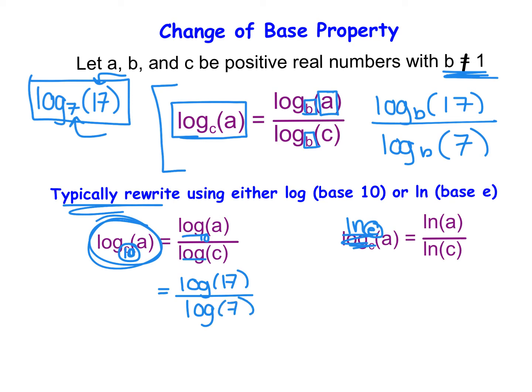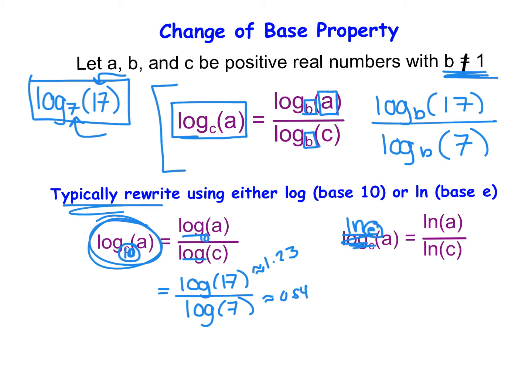Now if you take your calculator and type log of 17, you can see the decimal is approximately 1.23. You can also take log of 7, which is log base 10 of 7, which is approximately 0.84.